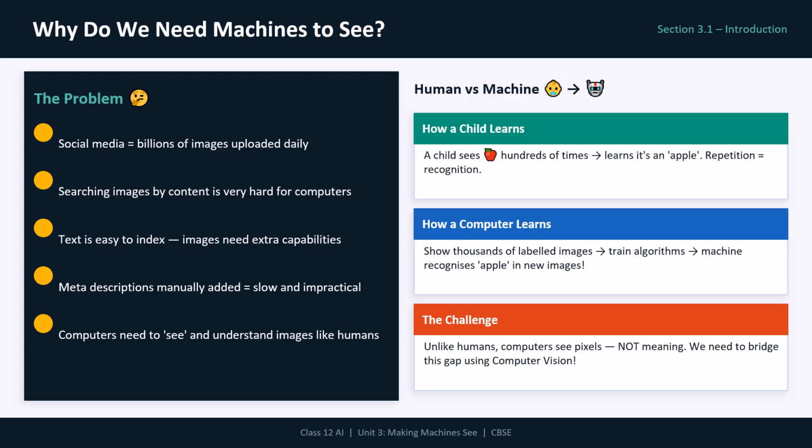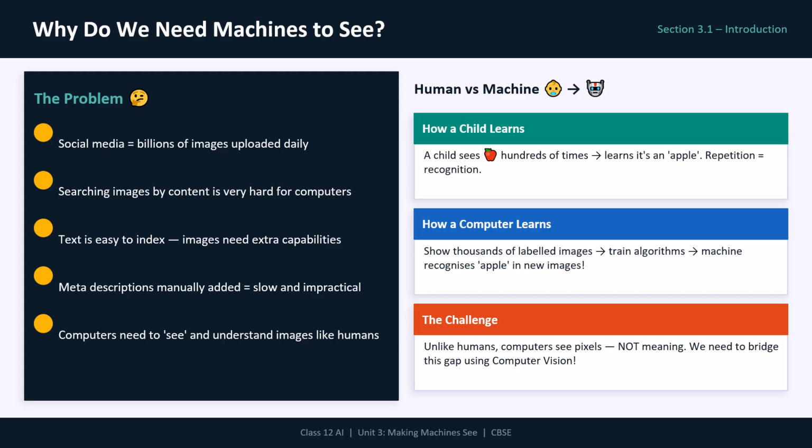But if you show Google an image and ask, hey, what is in this photo? That is a completely different and much harder challenge for a computer. You see, traditionally, images were described manually using meta tags and captions. That's slow, impractical, and simply doesn't scale.